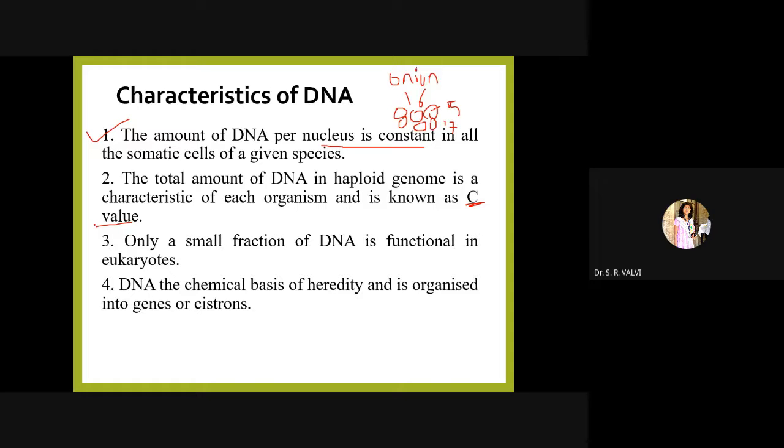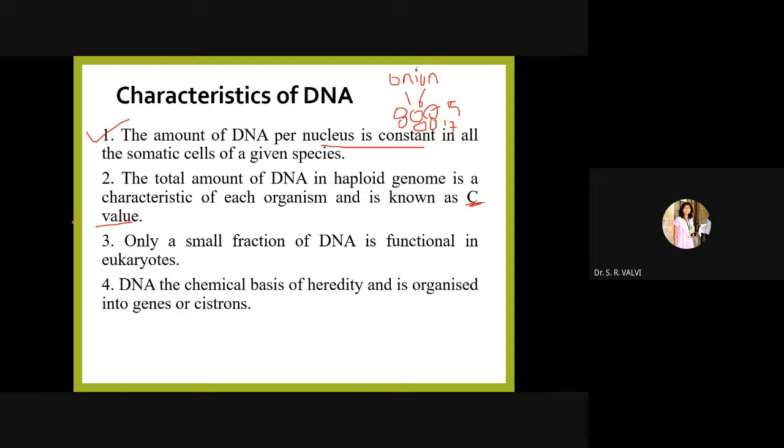So the C value is nothing but half the amount of DNA in the diploid somatic cells of a eukaryotic organism. Or you can say this is the constant value.